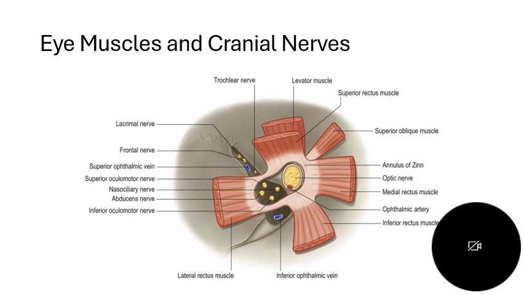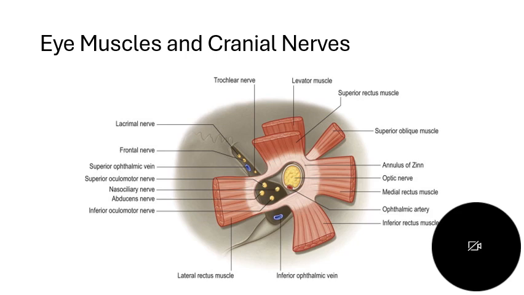Then we have this little circle where the muscles of the eye originate from. They're all fused in the back, and then they separate and come to the front and attach onto the eye. Through this circle where these muscles originate, there are some very important nerves that come out.